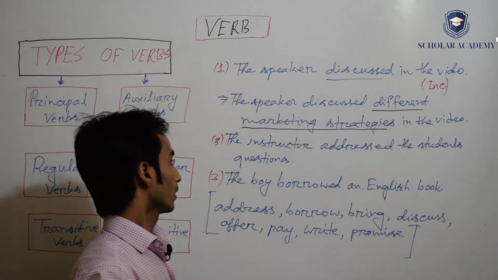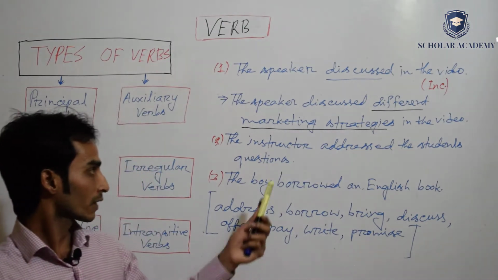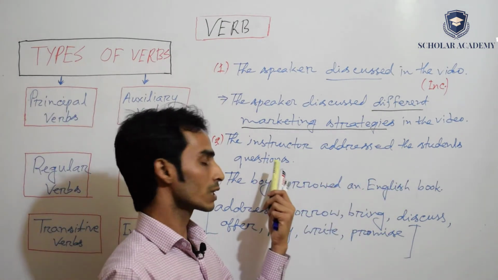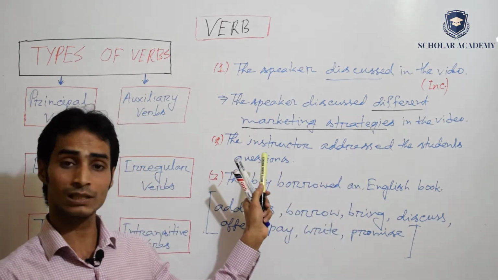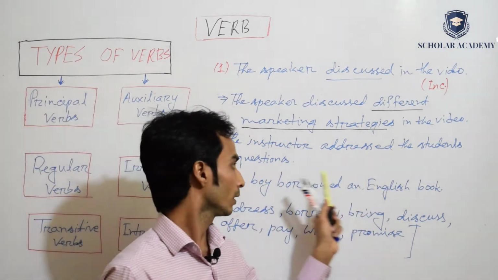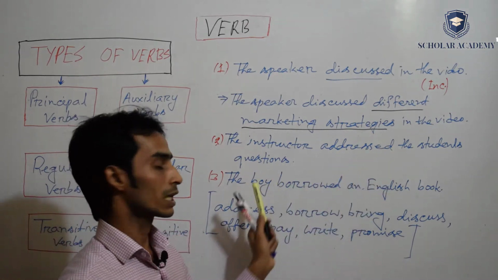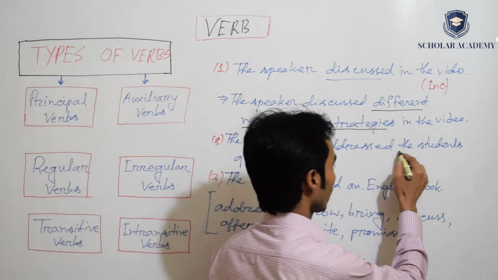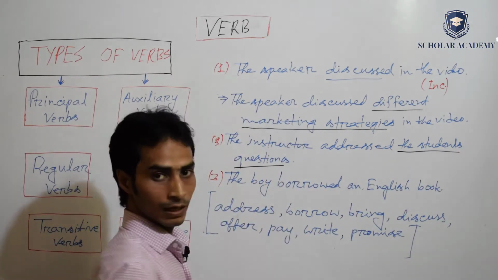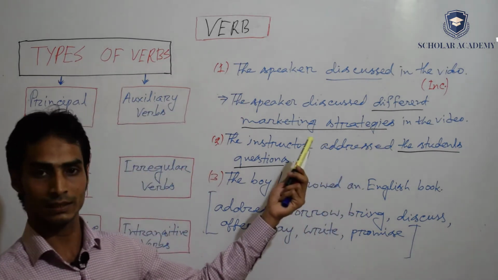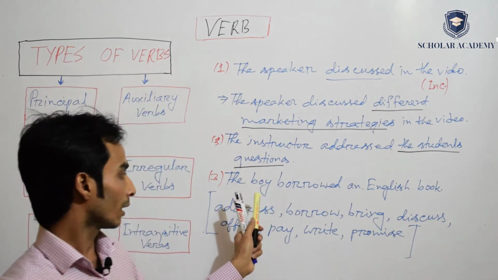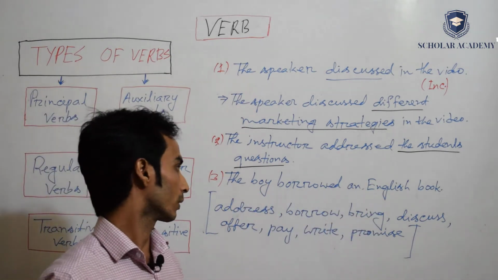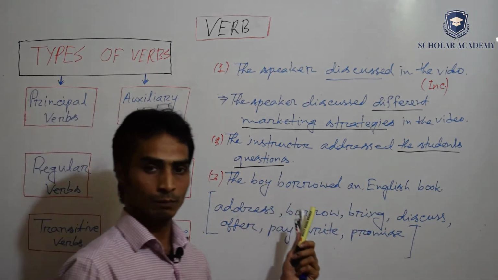Okay. Next example is the instructor addressed the student's question. The instructor addressed what? Or the instructor addressed who? The instructor addressed the student's question. So the student's question is the object of the verb address. Okay. The boy borrowed an English book. The boy borrowed what?